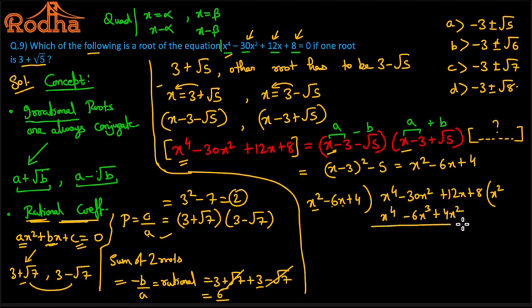If you simply subtract this, this gets cancelled, so it will be 6x cube, minus 30 and minus 4 is minus 34x square, and plus 12x will come, right? Then to make it 6x cube, I'll just multiply with 6x. x square into 6x becomes 6x cube, minus 6x into 6x will be minus 36x square, and plus 4 into 6x will be plus 24x.